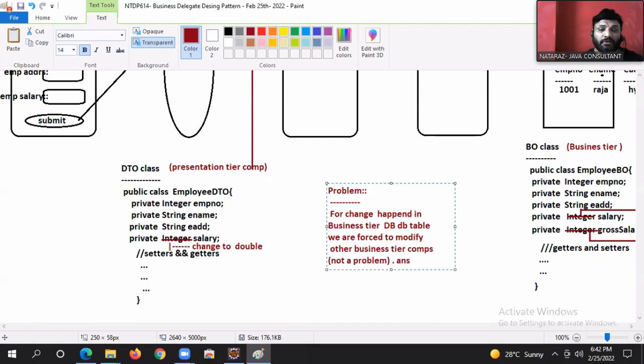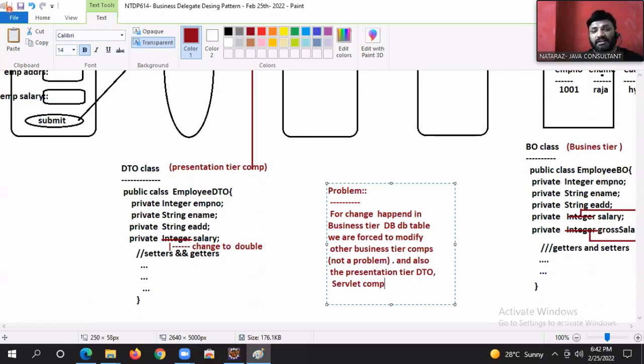And also the presentation tier DTO, comma, what comma, guys? The presentation tier DTO, comma, servlet components. Yes or no, na? Servlet component.